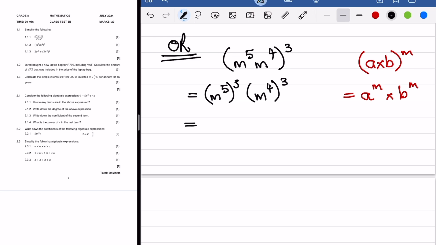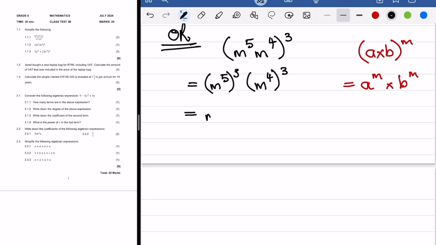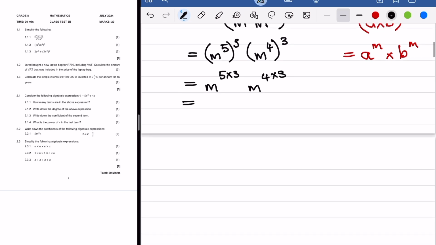And if I simplify this, I now have a power raised to another power, and a power raised to another power, and we know that we can then simply multiply the exponents. If we do that, we will have m to the power 5 times 3, m to the power 4 times 3, and that simplifies to m to the power 15, m to the power 12.